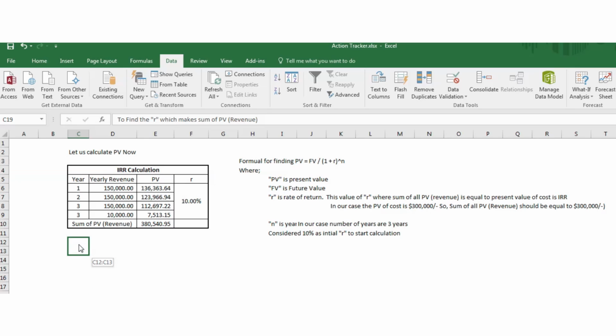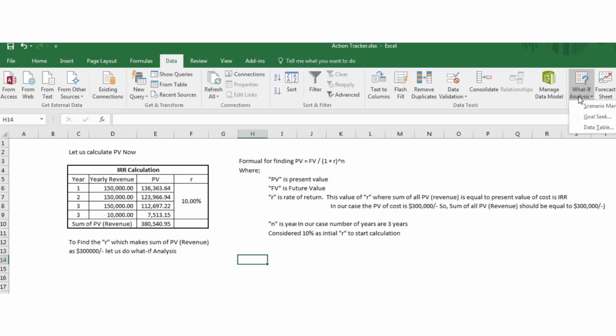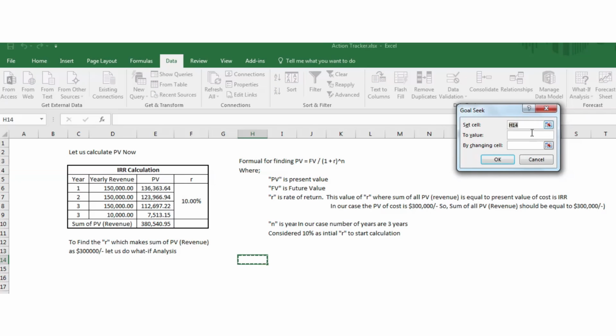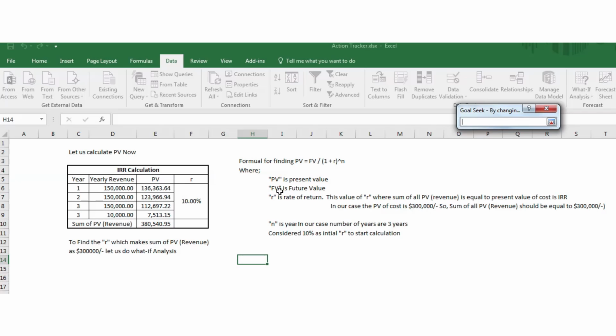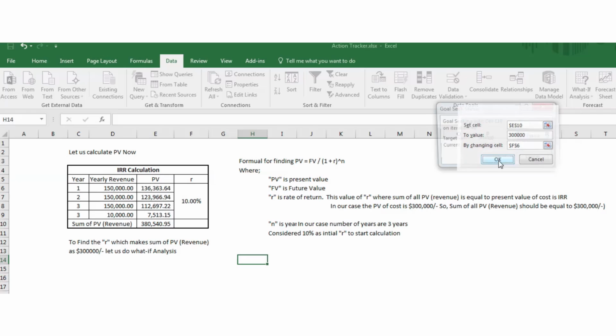Now let us use the capability of the Excel sheet, that is what-if analysis, where we have goal seek. Let us do the goal seek of this particular cell E10 for 3 lakhs by changing the rate R. So what value would we get by doing that?